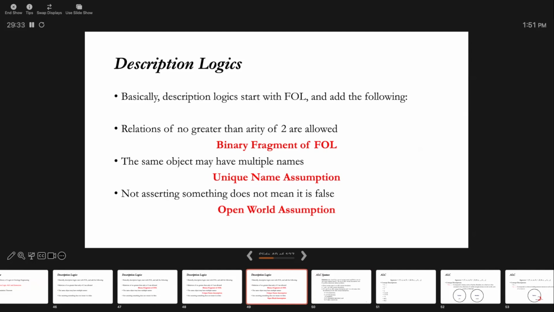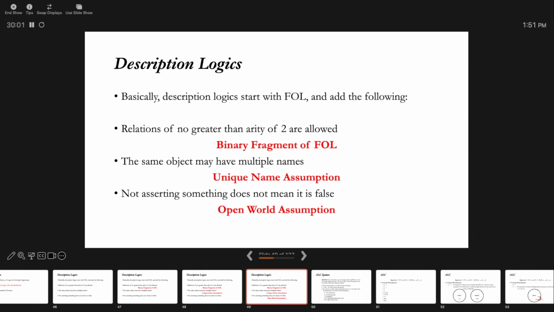If you make the open world assumption, do you end up with, I'm blanking on the word for it, but like an intuitionist logic, like a three-valued? No, because we don't put evaluation on it. Just because you didn't say it doesn't mean anything. So for those sentences that don't have anything about them, what truth value do they take?